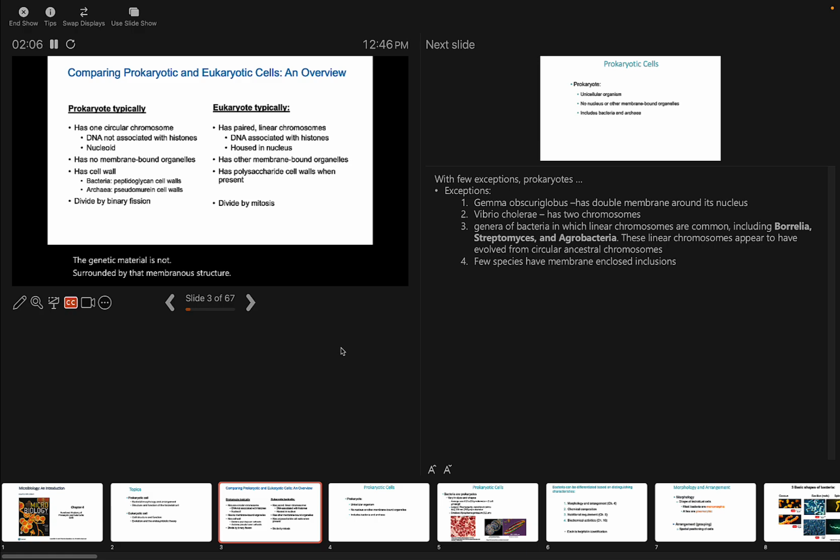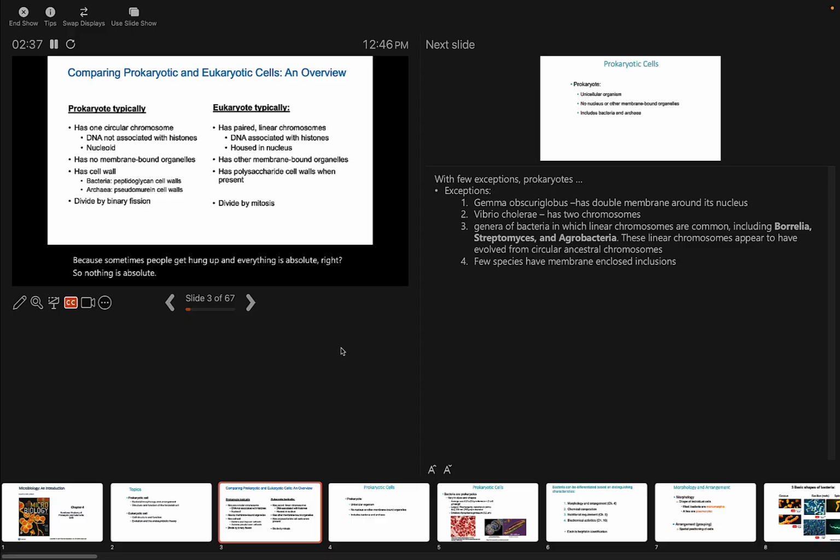If you get into more advanced microbiology classes, you'll find that there are some microbes that have evolved this sort of protonucleus, but not a nucleus like we see in our eukaryotic cells. Now, again, I really want to highlight this word typically, because sometimes people get hung up and everything is absolute, right? So nothing is absolute.